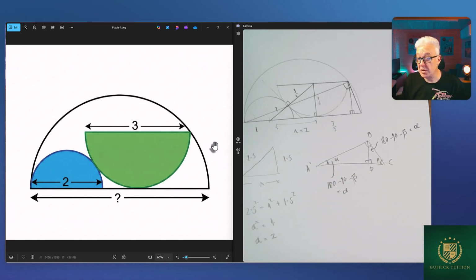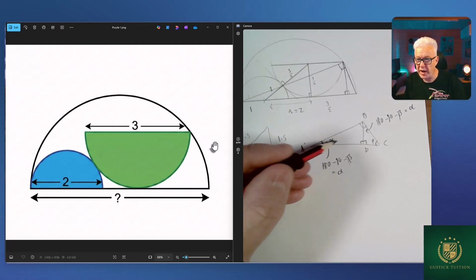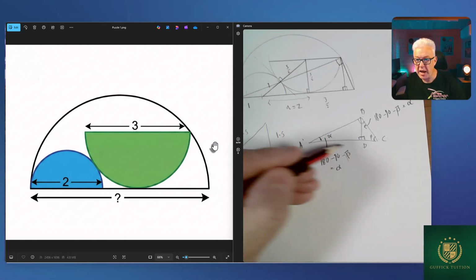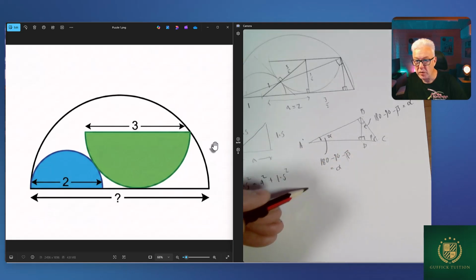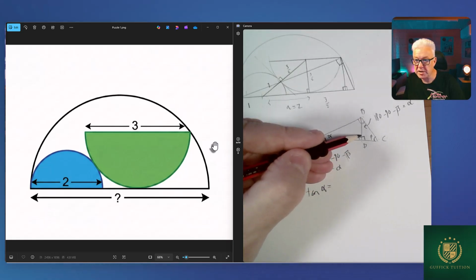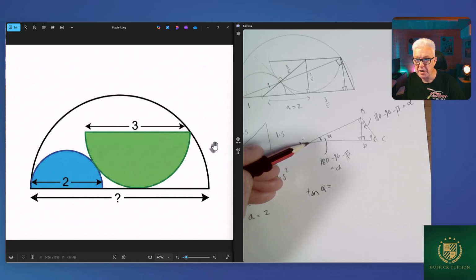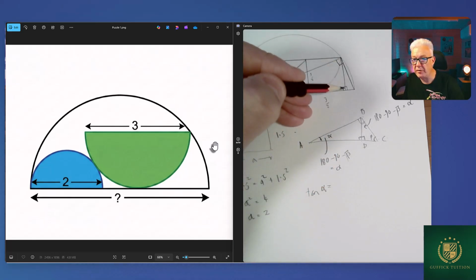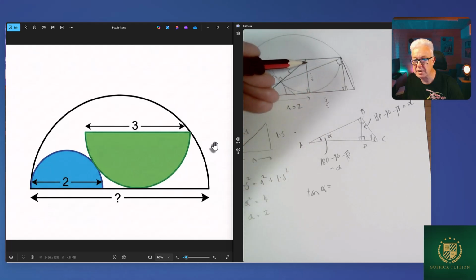Now that's going to be super helpful to us, because we can work out what the angle alpha is now, okay? So in the triangle ADB, we can say that tan alpha is equal to opposite over adjacent. Now we know that the opposite is the radius of the green semicircle.